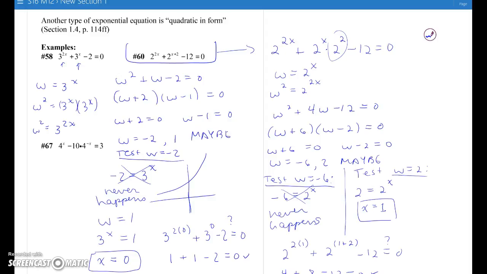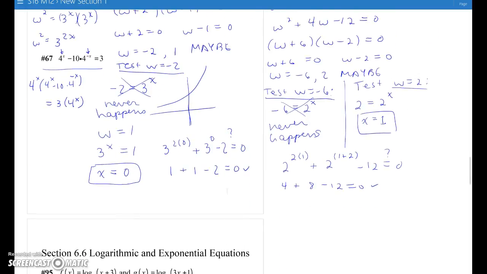So now let's look at number 67. And you can try this one, but let's first talk about, oh my gosh, I have an x and a negative x. So the very first step on this one is you're going to need to multiply everything by 4 to the x to get it to look like the problems we've been working on. So you'll have 3 times 4 to the x on the right.